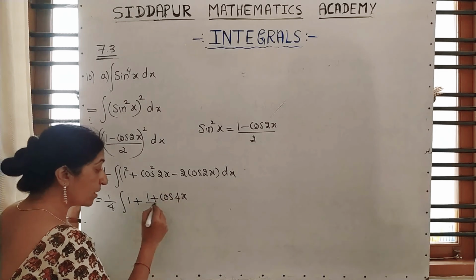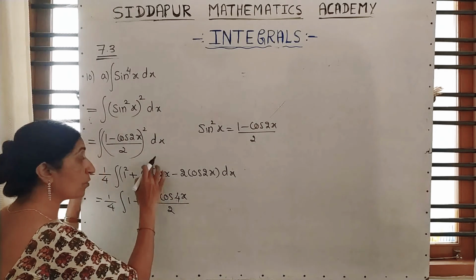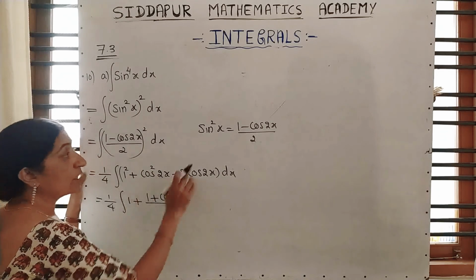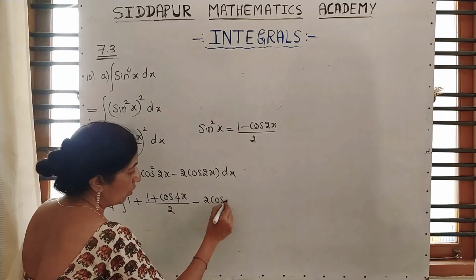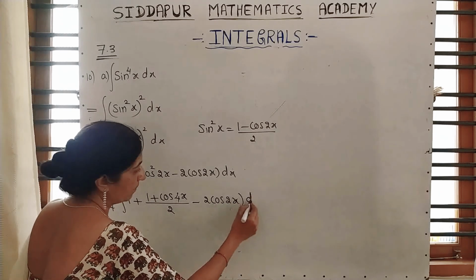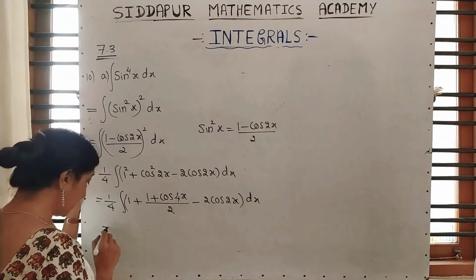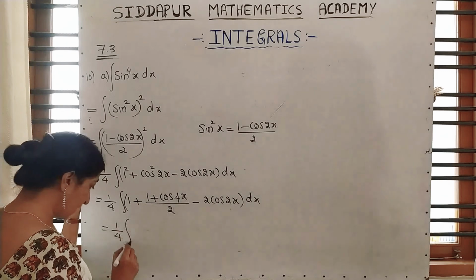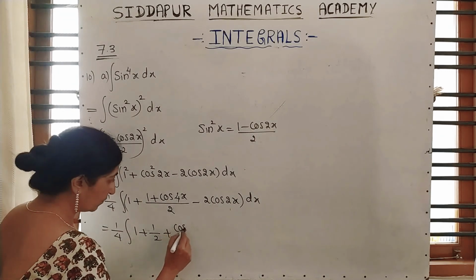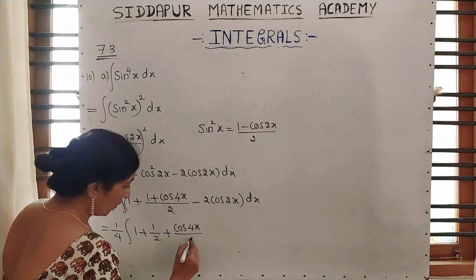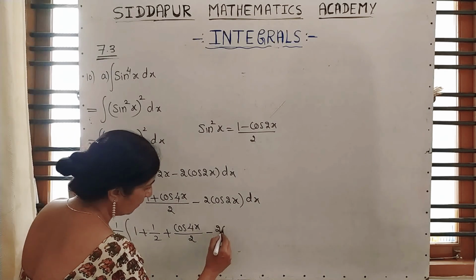cos 4x divided by 2. If it is a cos, middle plus comes. If it is a sine, middle minus comes. Minus 2 cos 2x. And before integration, first I will write like this. It is 1 plus 1 by 2 cos 4x divided by 2.